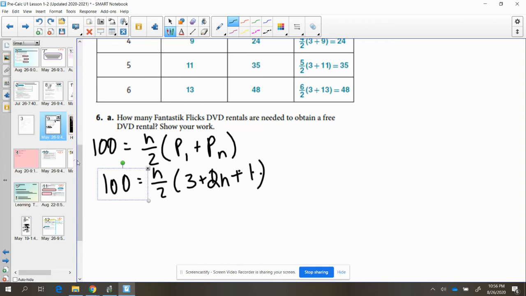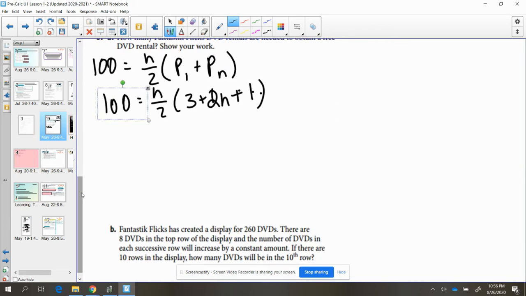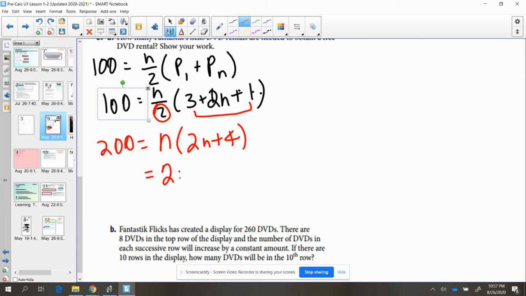So if we start simplifying here, I hate fractions in the denominator, so I'm going to multiply both sides by 2 to get rid of that. And so I'm just left with n. And I'm going to combine inside here to be 2n plus 4. And if we distribute that n through, we get 2n squared plus 4n.